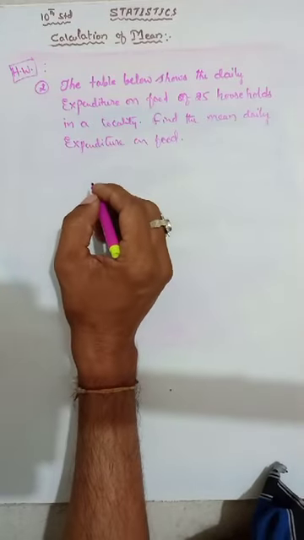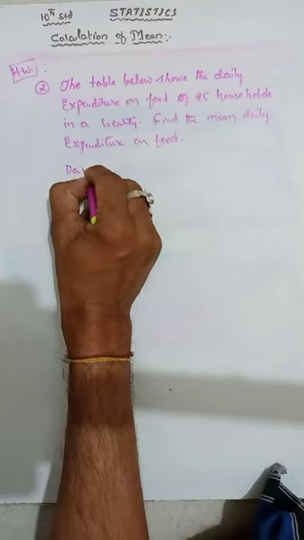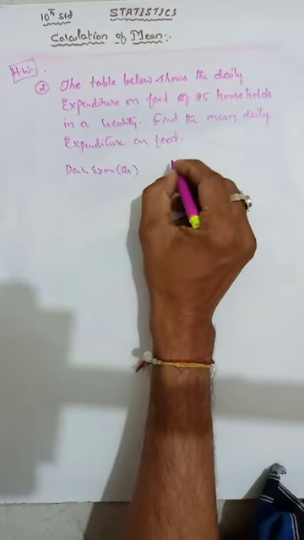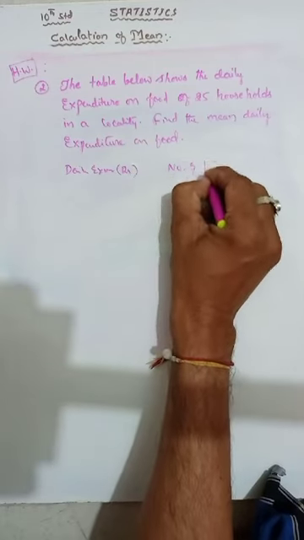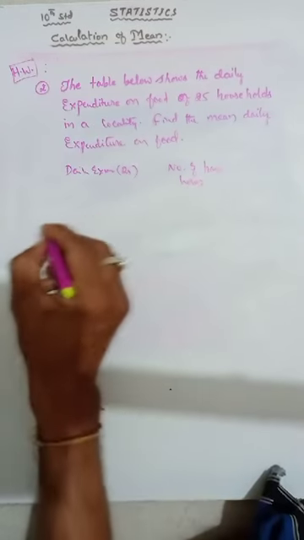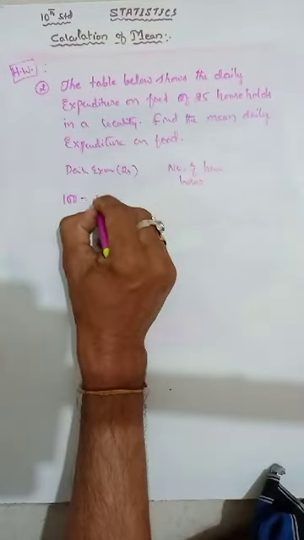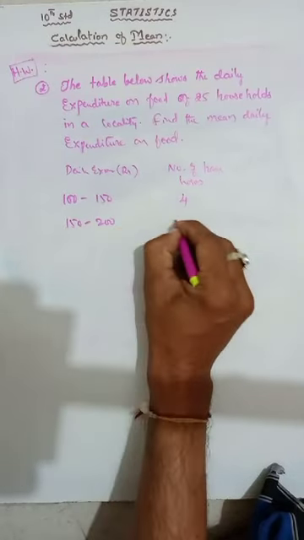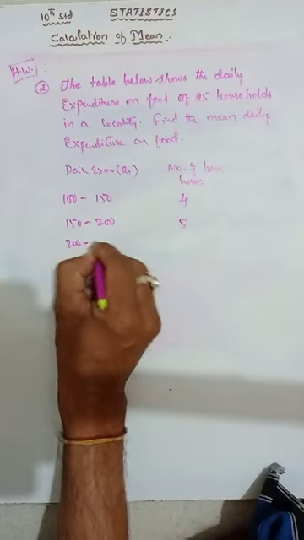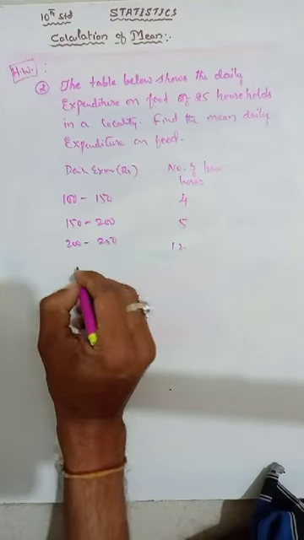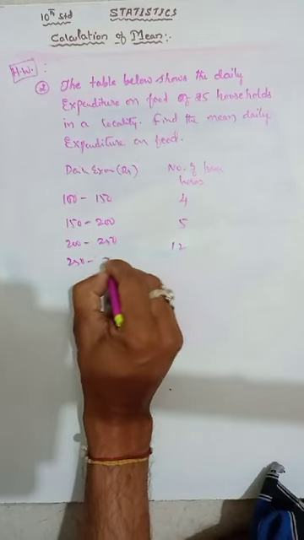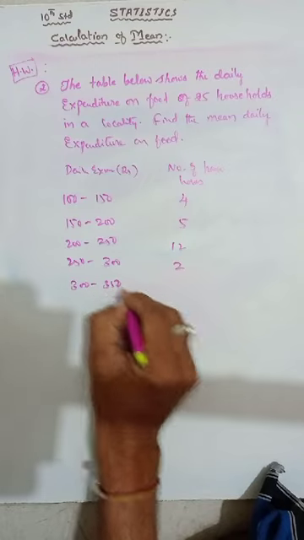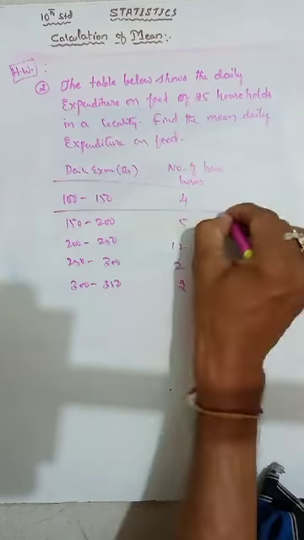Daily expenditure is taken in rupees, and then the number of households: 100 to 150 has 4, 150 to 200 has 5, 200 to 250 has 12, 250 to 300 has 2, and 300 to 350 has 2. This is the table.